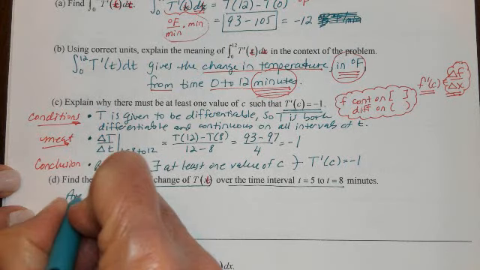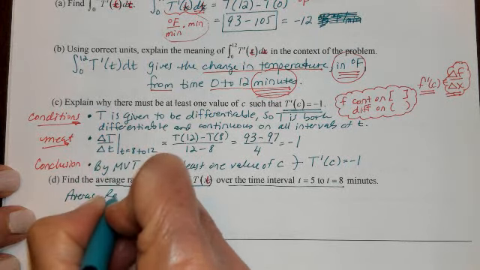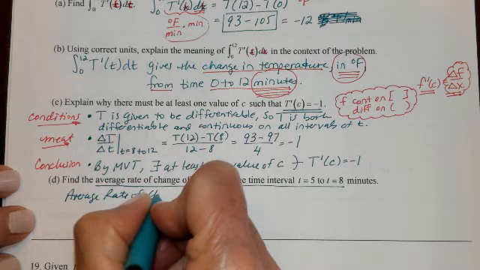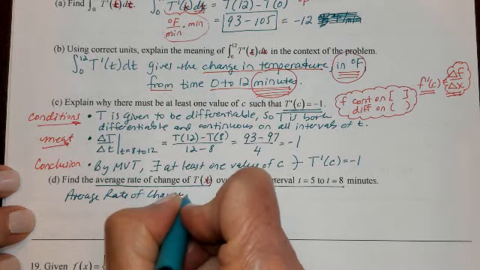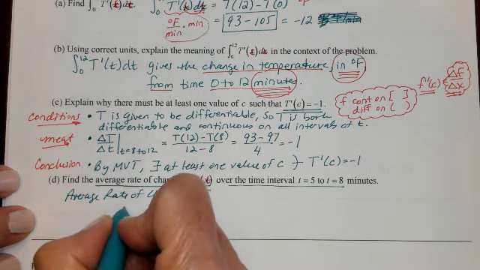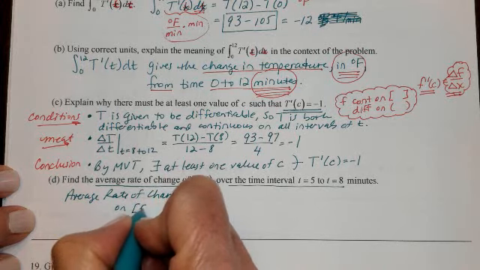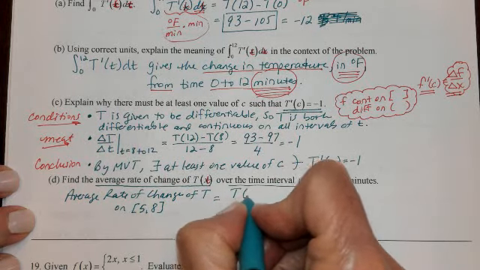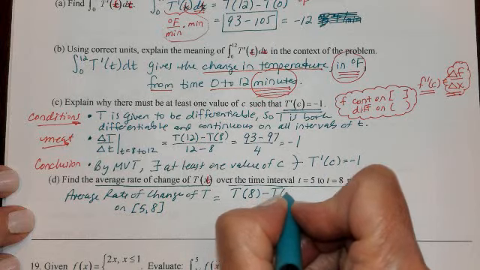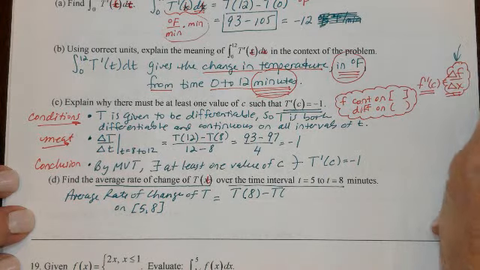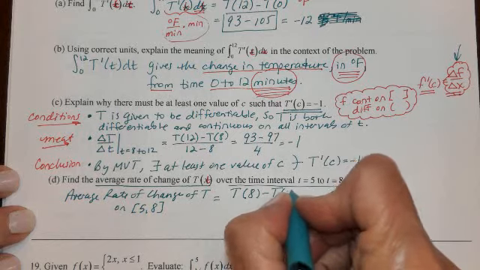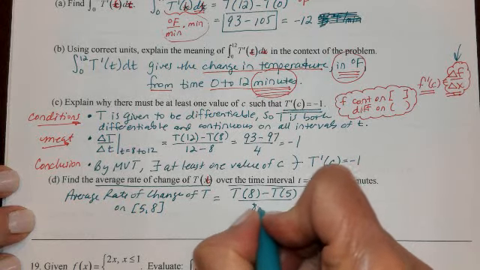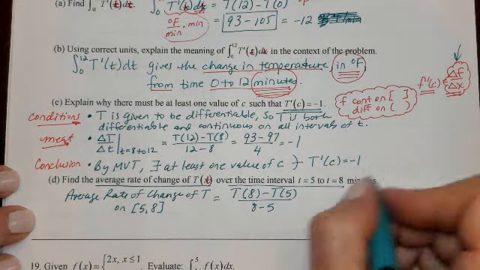The average rate of change of capital T on 5 to 8 will just be T of 8 minus T of 5 over 8 minus 5.